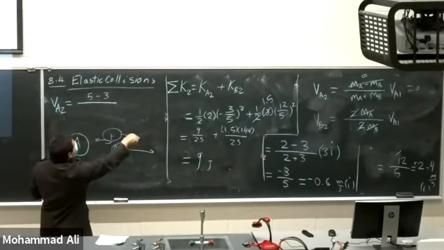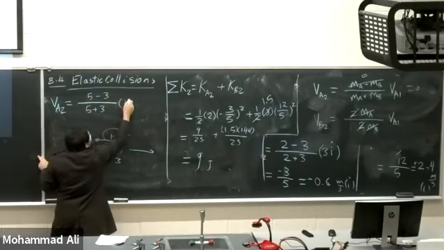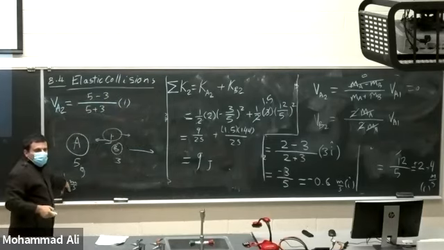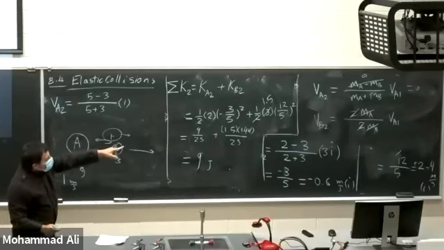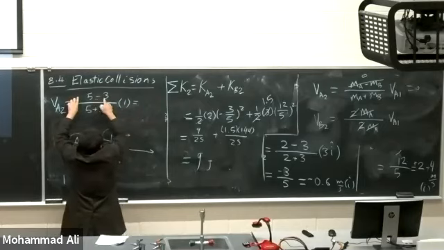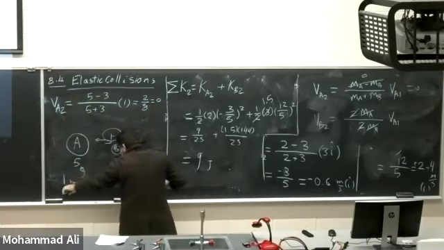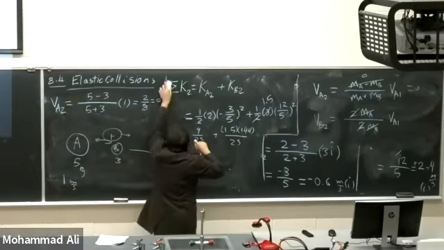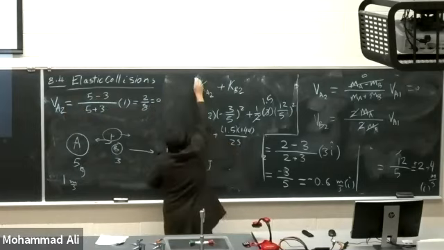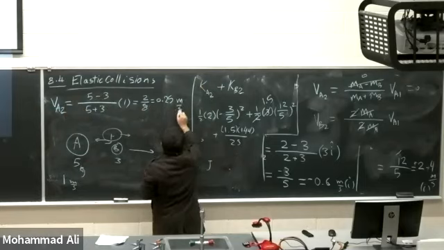That is the formula, over 5 plus 3 multiplied by 1, which is the velocity of A before. This will be equal to 2 over 8, which is a quarter, which is 0.25 meter per second in the i direction, which is positive.